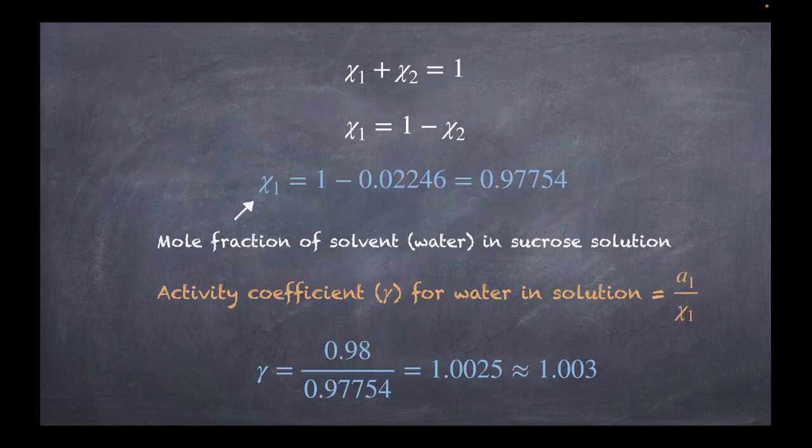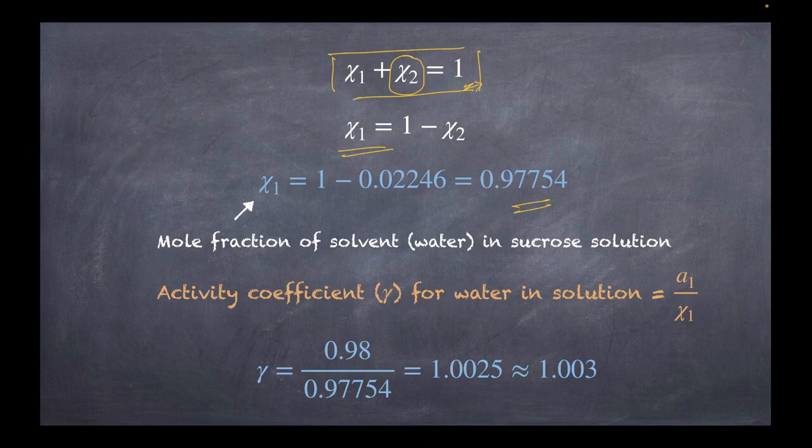In our solution, the summation of the mole fraction of solute and the mole fraction of solvent will be equal to 1. So chi1 plus chi2 will be equal to 1. We know the value of chi2. Now we can get the value of chi1 from this expression. Chi1 will be equal to 0.97754. So this is the mole fraction of solvent, that means water, in the sucrose solution.